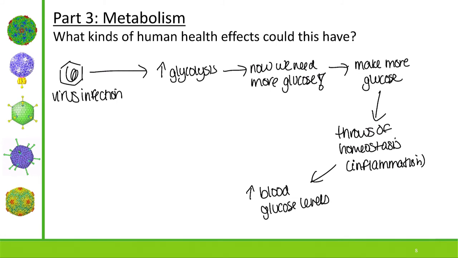Short-term, an increase in blood glucose levels isn't the worst thing in the world, right? Our body has ways of dealing with that and then going back to homeostasis. But if this stays elevated for a long time, one of the things that we see in patients is that type 2 diabetes can develop.